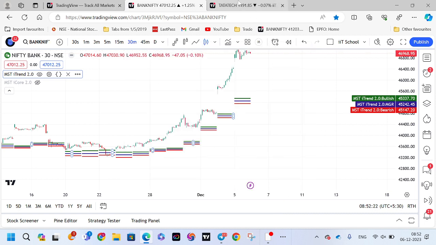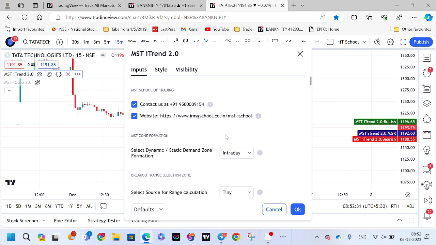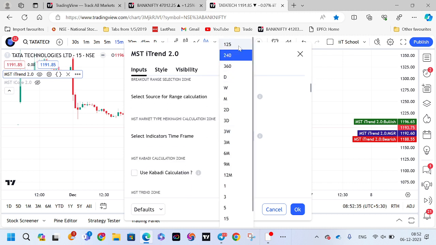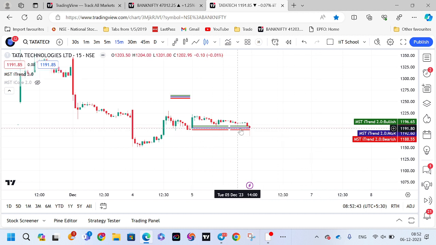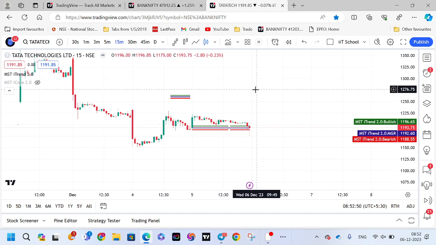And here most of us are interested in Tata Technology. In Tata Technology we don't have sufficient data. That is why yesterday I kept it in 125 time frame and traded. 240 also we can trade. And today what will happen to Tata Tech? If the market is able to close above 1196.65, then we can expect some bullish move.